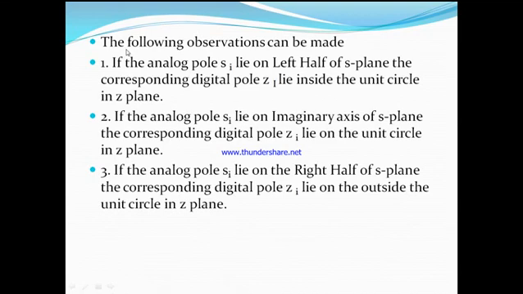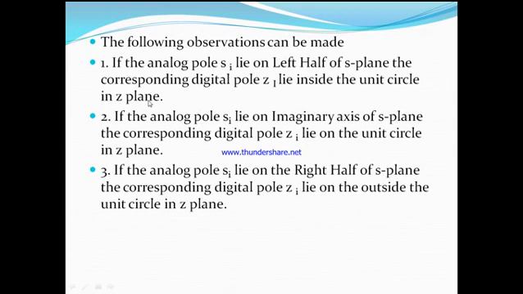So here we can conclude the following observations. If the analog pole s i lies on the left half of the S plane, the corresponding digital pole z i lies inside the unit circle in the Z plane.